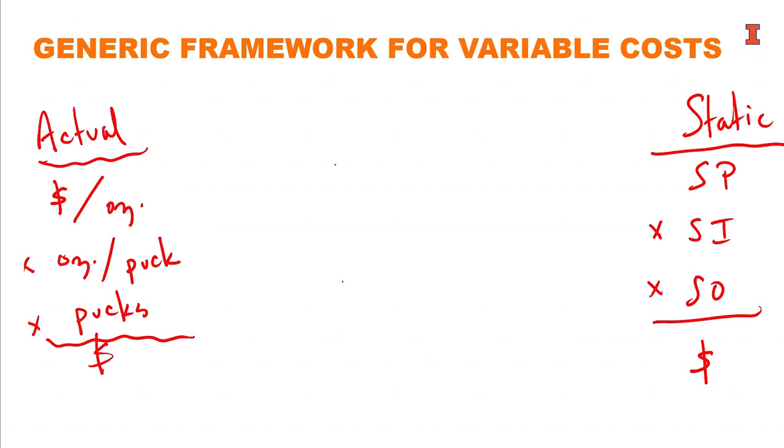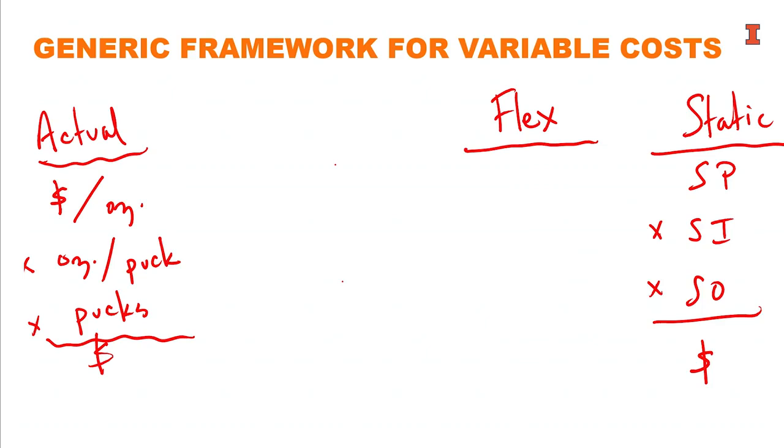So let's move from this static budget column where everything is expected, everything is budgeted, and eventually create the actual column. The next column in, we'll refer to as the flexible budget. And recall from the previous slide that that is how much we should have spent given what we actually produced.